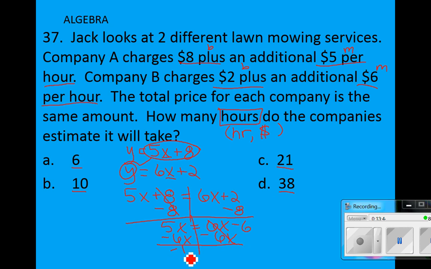So I have negative 1x equals negative 6. Now I divide both sides by negative 1. And I get x equals 6. So that tells me that it will take 6 hours before the companies will each cost the same amount.